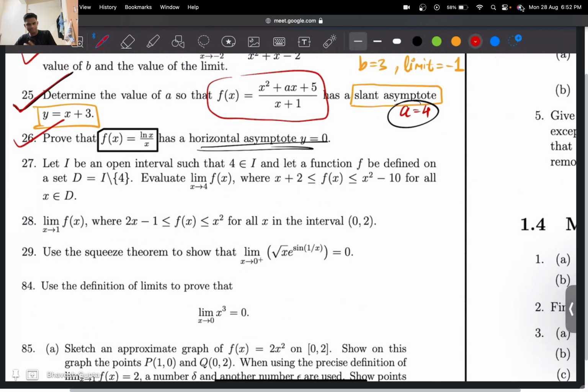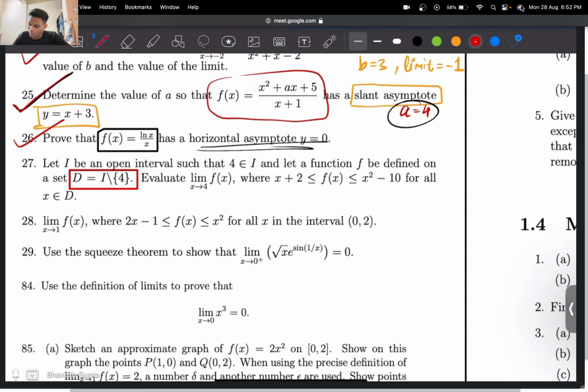I'll go with the 27th. The 27th is an interesting problem because over here I is an open interval such that 4 belongs to that interval, and let the function be defined on a set D. You can see the difference between the D set and the I set is that in the D set you have removed the element 4. Why?